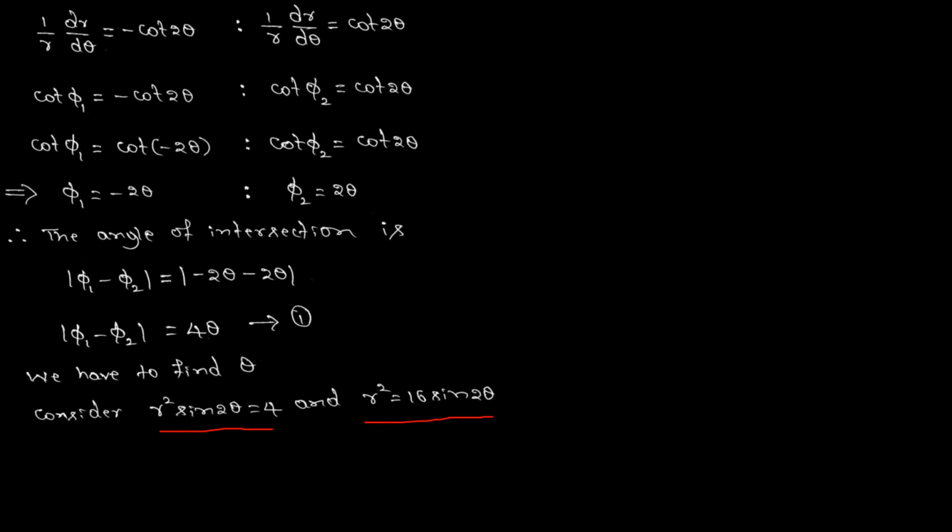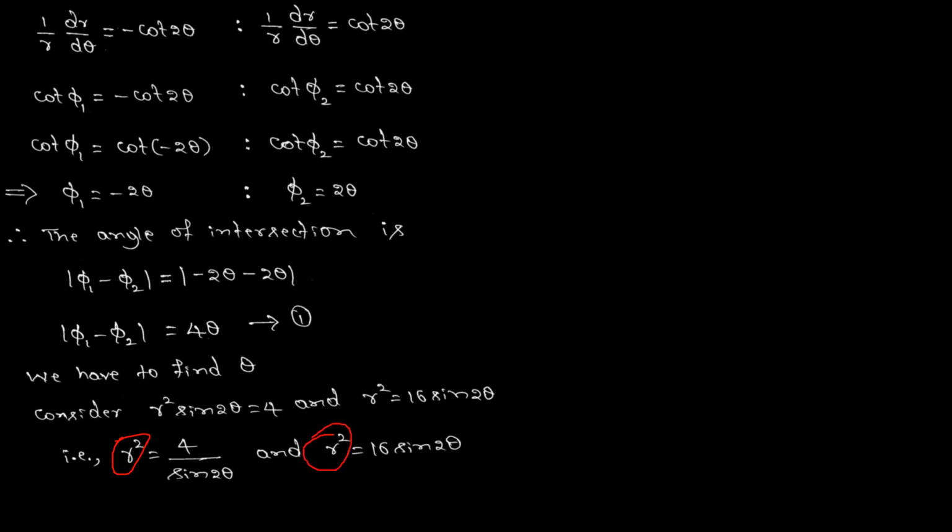These expressions can be rewritten by separating r square from both the equations. Here r square is equal to 4 by sine 2 theta. And the other, r square is equal to 16 sine 2 theta.